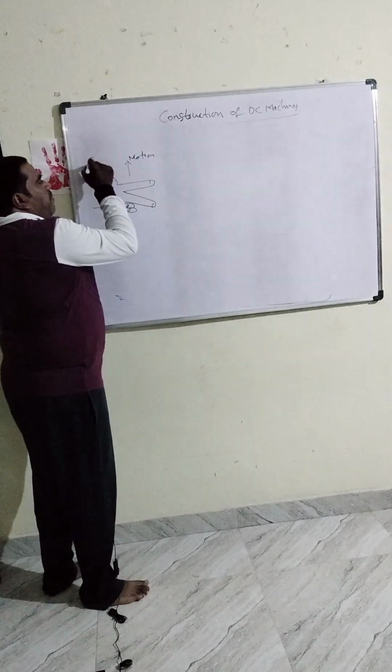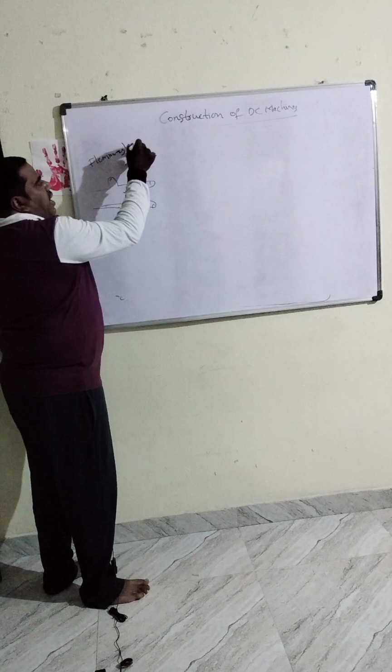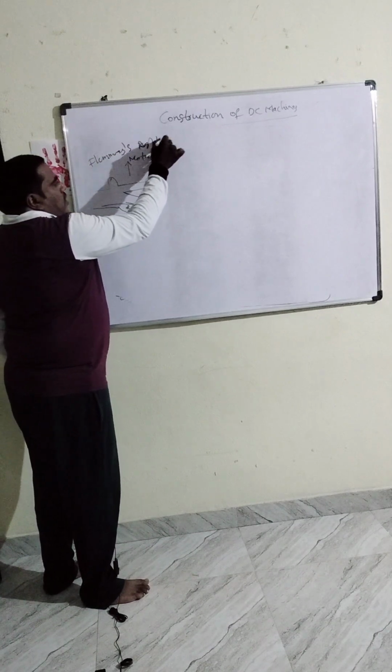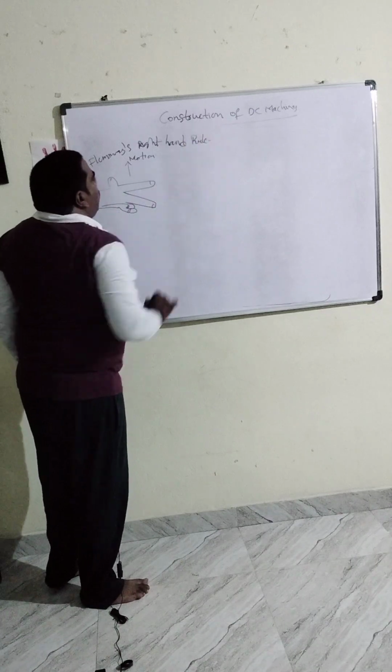So this is Fleming's right hand rule. We can find out the direction of EMF in the case of the generator using Fleming's right hand rule.